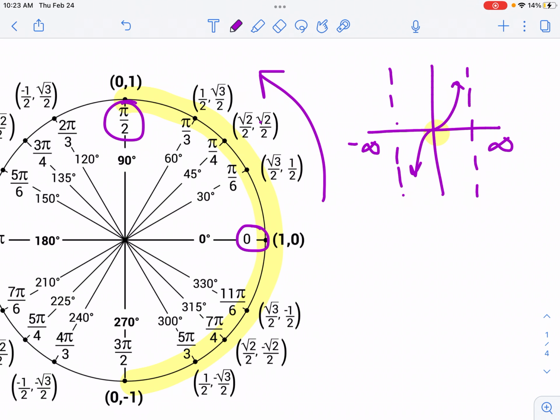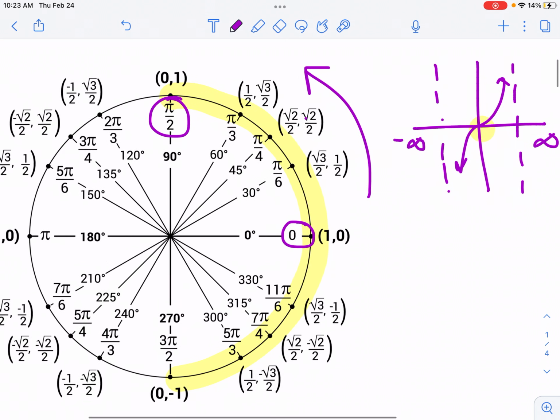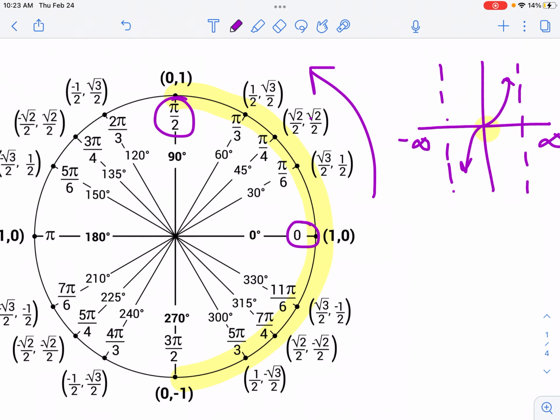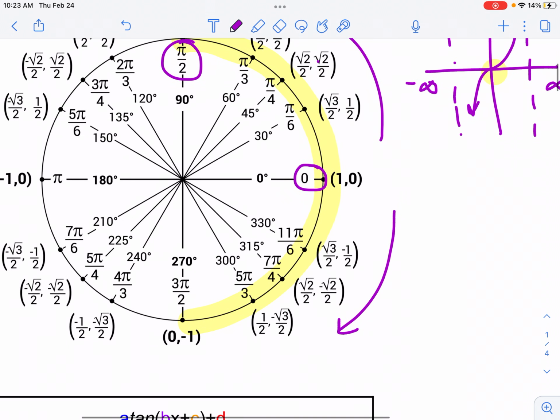So what we do is we look at the unit circle, and like I said, we've got this half over here. This is the positive side, so we're going from 0 to pi over 2. And then when we go in the negative direction, it's still the same distance, and so instead of 3 pi over 2, we call it negative pi over 2, right?